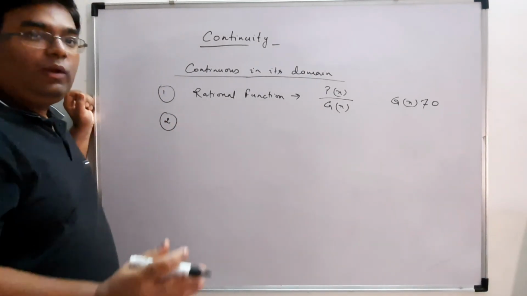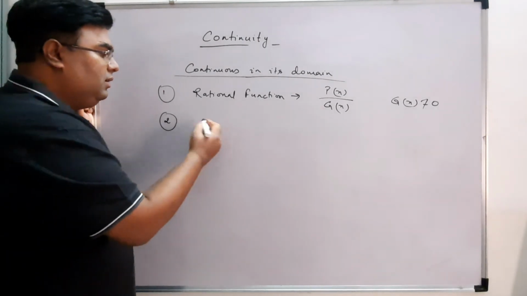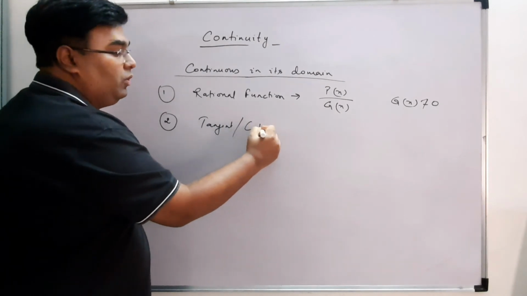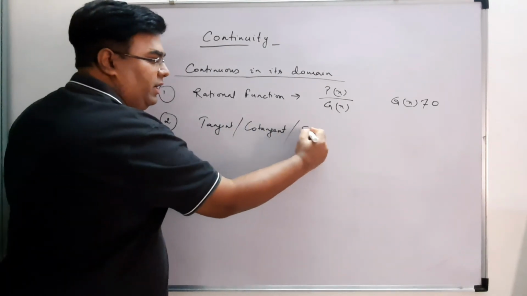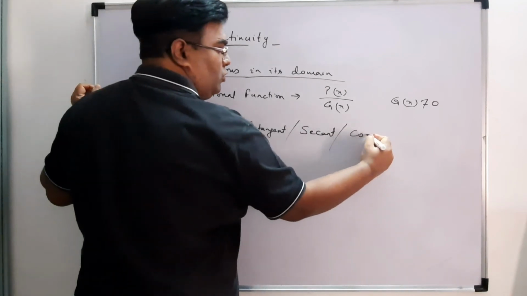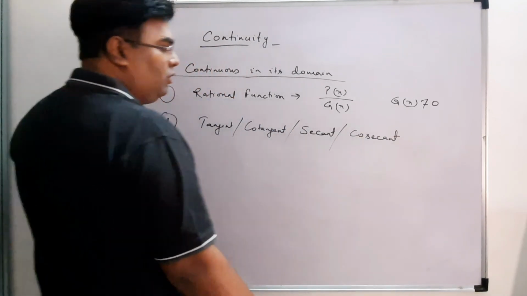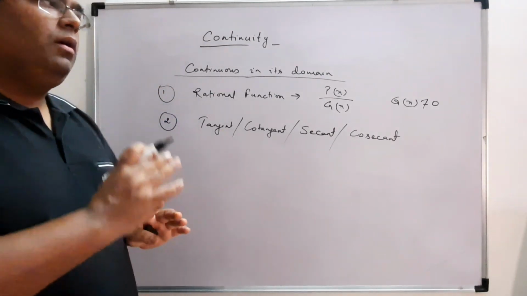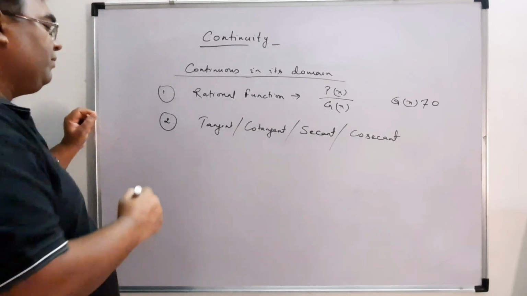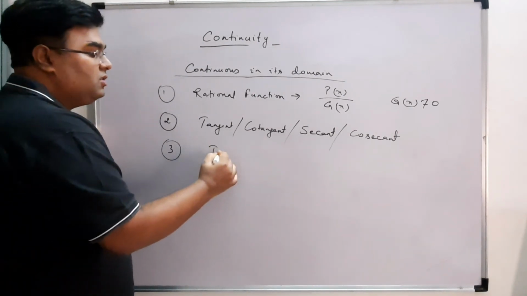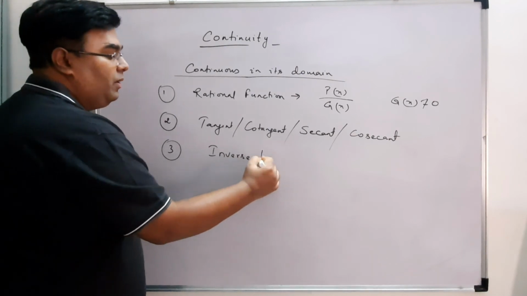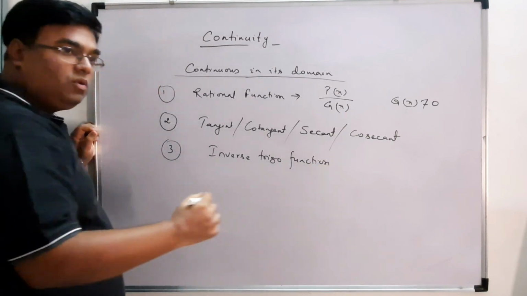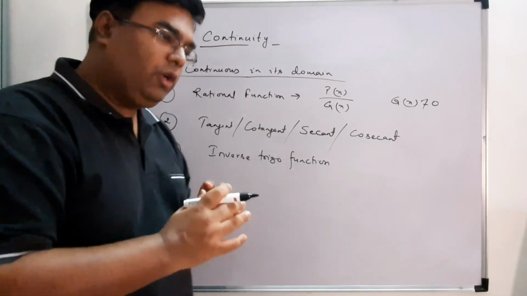Second, trigonometric functions except sine and cosine. So other trigonometric functions like tangent, cotangent, secant, cosecant, they are also continuous but in a certain domain. So you need to find the domain first for these. Third, inverse trigonometric functions. These are also continuous but in a certain domain.